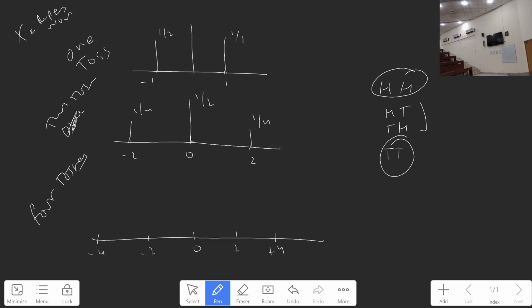I won't do it, but if you try different ways, even write out the 4 tosses, you will get these values. 1 over 16 for minus 4, 1 over 16, 1 over 16, 1 over 4, 1 over 4, and 6 over 16, or you could say 3 over 8.